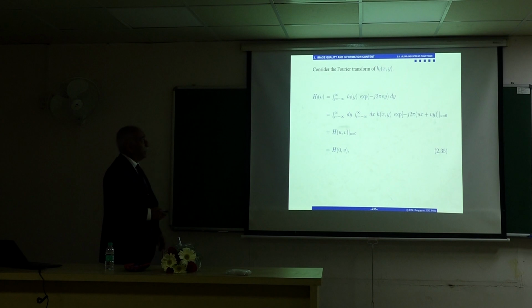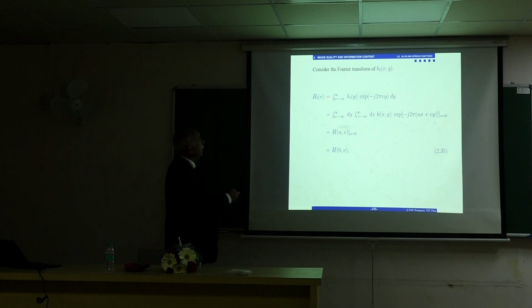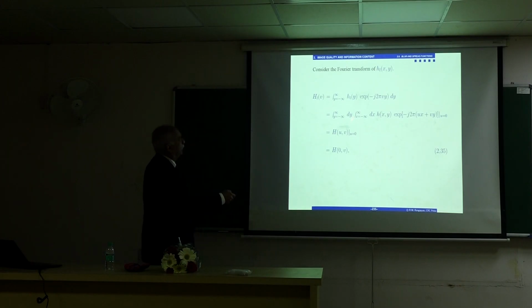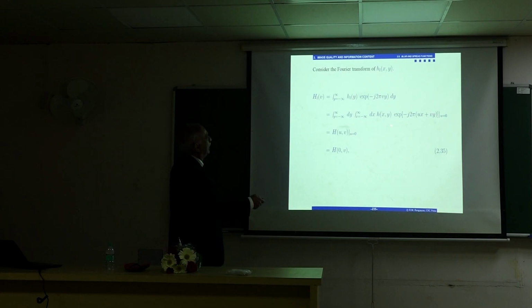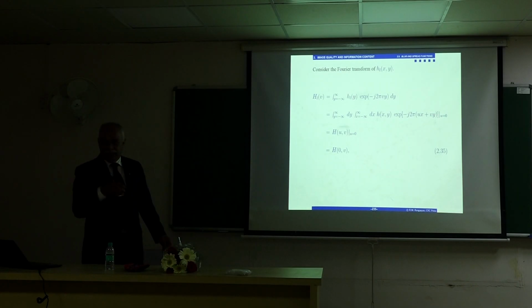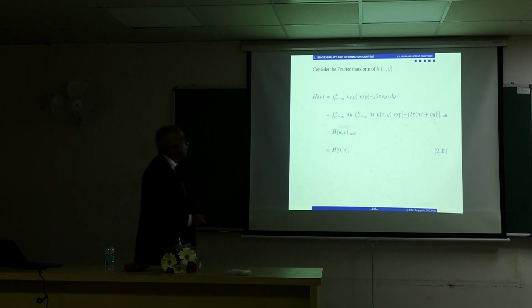If you take the Fourier transform, capital H is the Fourier transform of the small h_L(y), exponential minus j2 pi v y, 1D Fourier transform, and go through this, get the dy out, and take the h_L and write it in this manner, and write it now as a two-dimensional integral, because we want to relate it to the two-dimensional point spread function.